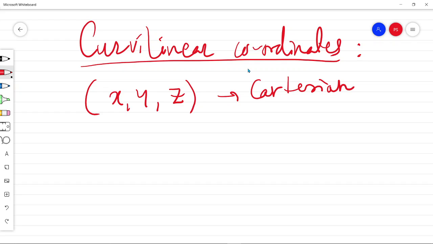The coordinates which correspond to this type of system are basically of two types.